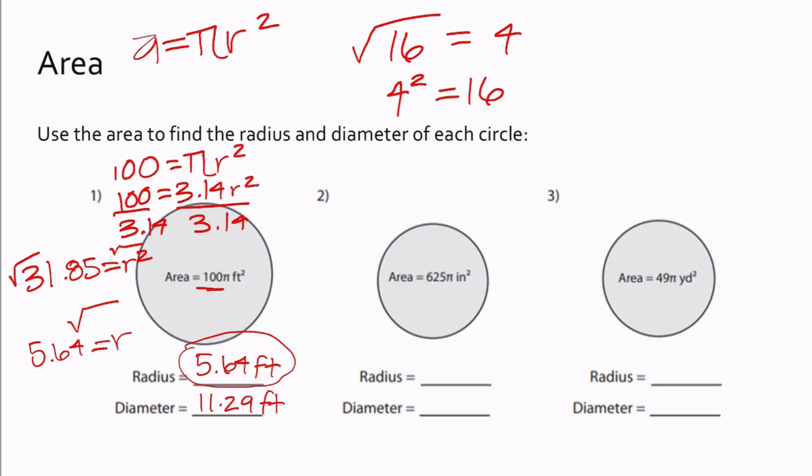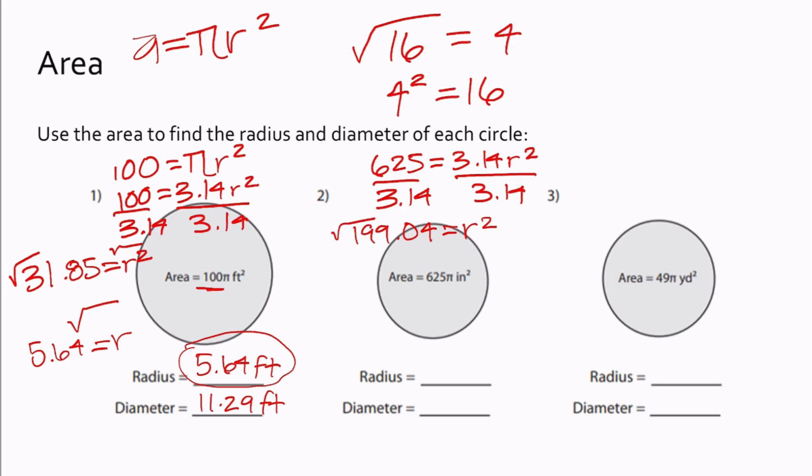So let's look at this next one. If we have 625 equals 3.14 r squared. So again, I'm dividing both sides by 3.14. And I have 625 divided by 3.14 is 199.04.